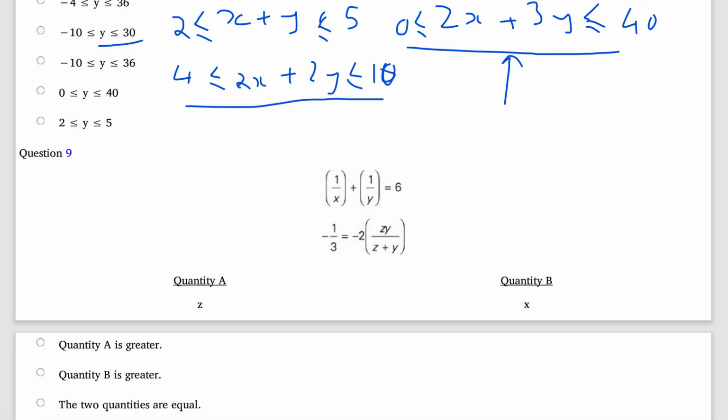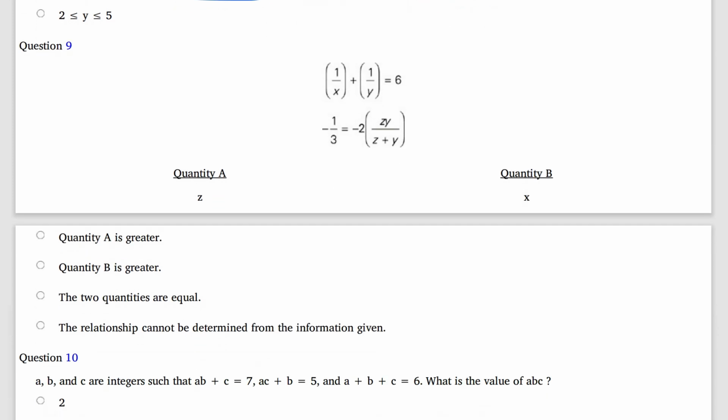Okay, this one. These are definitely higher level questions. I can tell they're not that easy. So 1 over x plus 1 over y equals 6, and then we've got that craziness. And we need to work out either z or x. Okay, first thing I would do in that second equation is get rid of all the minuses because they cancel out on both sides, and get rid of that fraction, that 3 on the left.